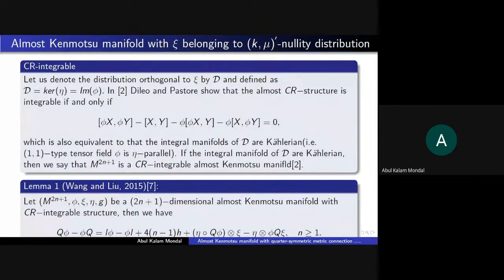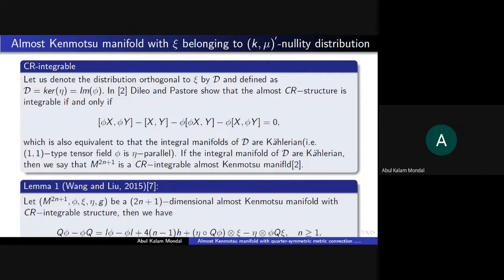The distribution orthogonal to ξ is defined as the kernel of η, and that is exactly equal to the image of φ. In a paper, it was shown that the almost contact structure is integrable if and only if it satisfies the equation, which is also equivalent to the integral manifolds of the distribution being Legendrian.